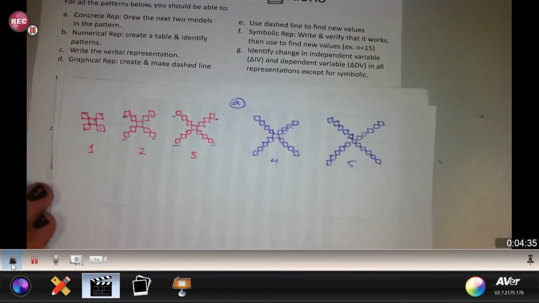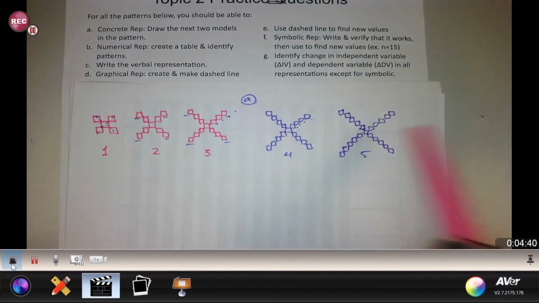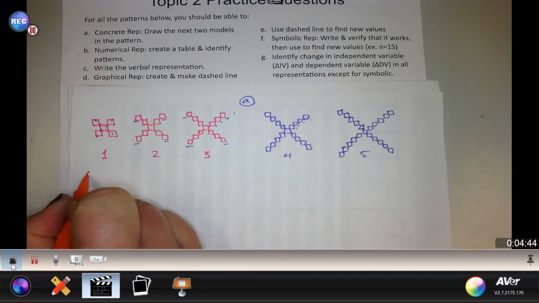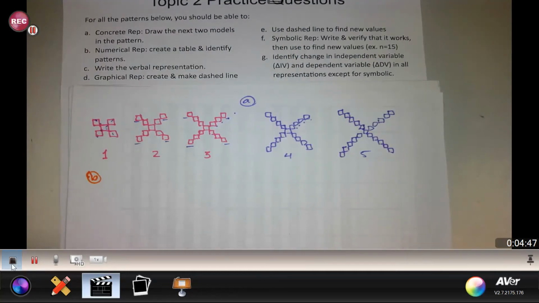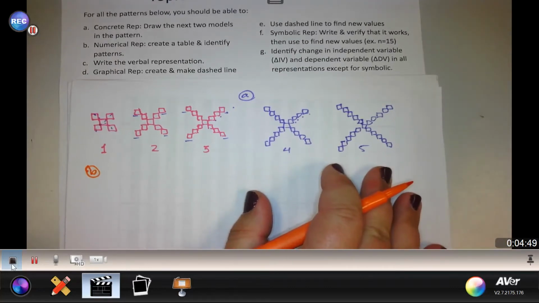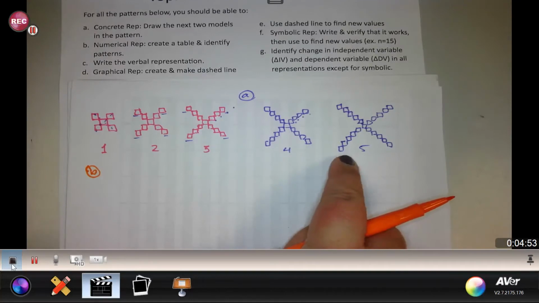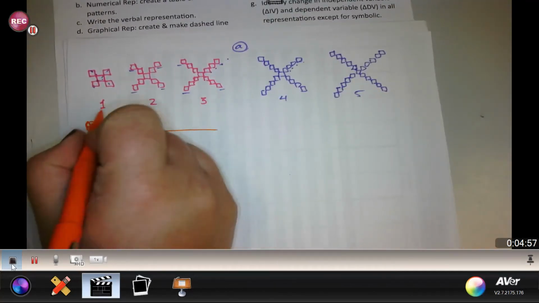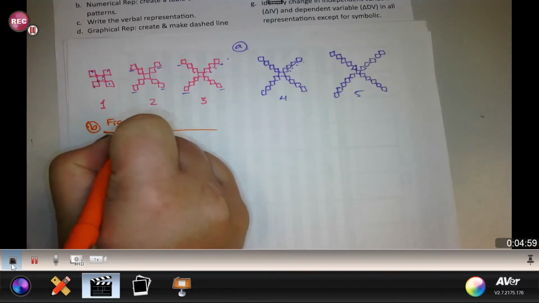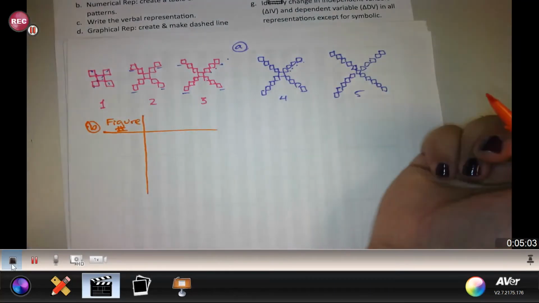I'm going to stick this right under here so I can reference it. That was A. And then B is to be able to do the numerical representation. On these ones, it's nice because one side of the table will always be figure number, and that will be the input. Again, that's because we are just given a block pattern.